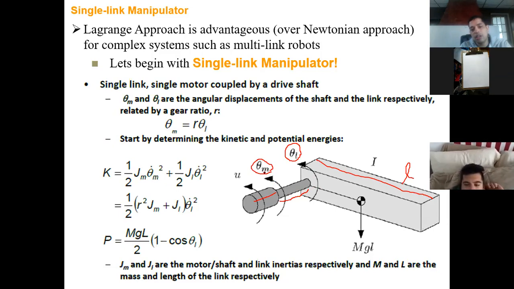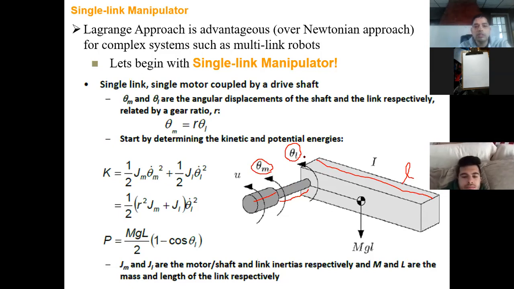Motor plus shaft is theta M because they are a single system. So angular displacement of this single system is theta M, and angular displacement of the link of the robot is theta L.